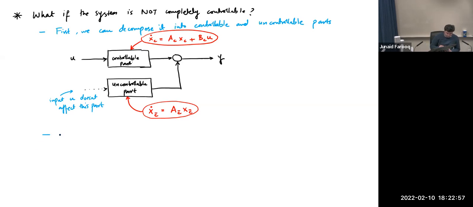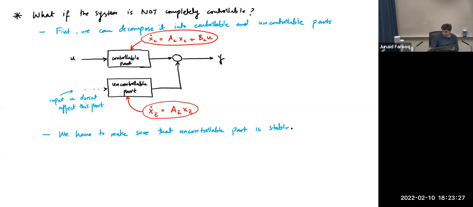And then the next thing we have to do is we have to make sure that the uncontrollable part is stable. So we have two subsystems, and one of them has an input U, the other is not affected by any input. So we have to make sure that the uncontrollable part is stable.